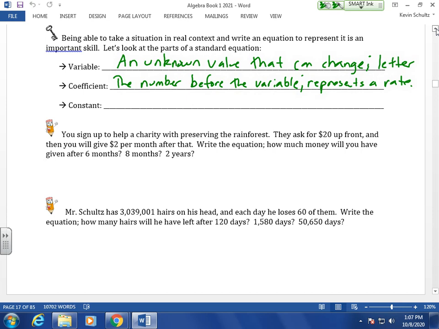How much per whatever the variable is. As you'll see in the homework that we'll do, it's how much per month, how much per day, how much per foot, how much per card, you know, it's a rate of something. And it's being multiplied. The coefficient and the variable are connected. They're being multiplied together. That's why you'll see them back to back.